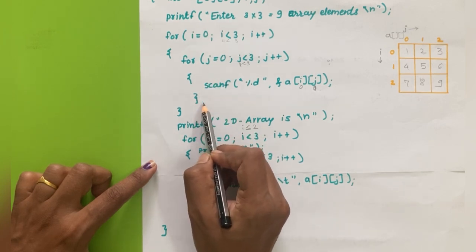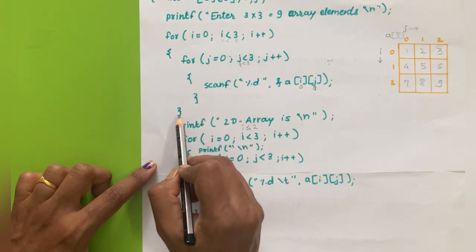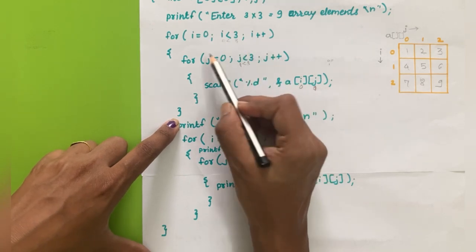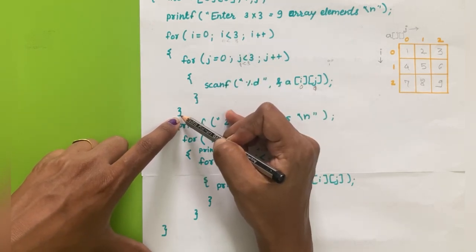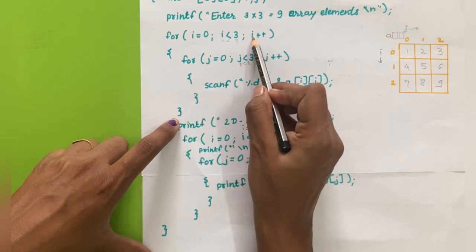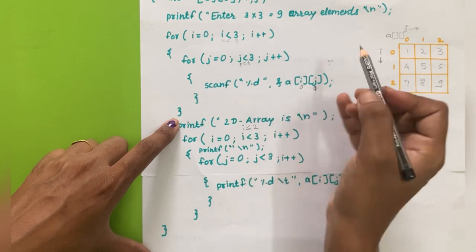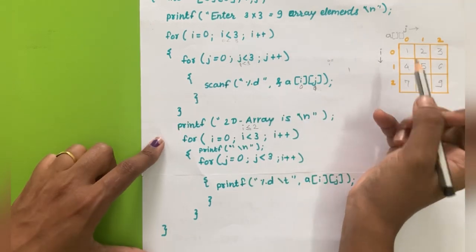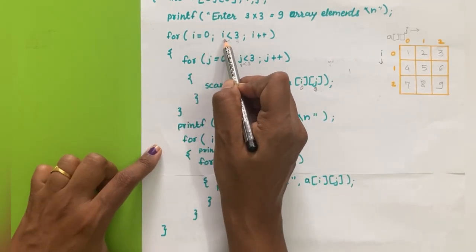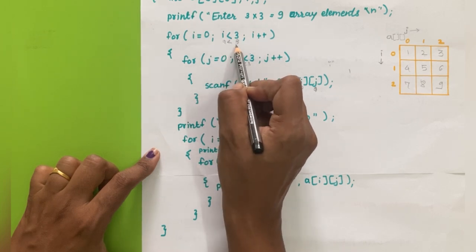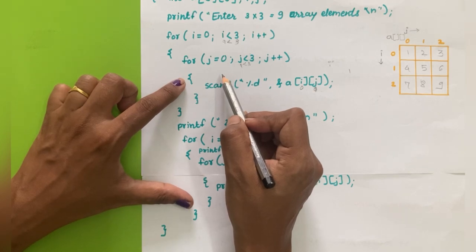Outside this loop of j we don't have any statement to execute, so it will go to the outer loop, and here we have to increment i because this is the for loop for the i index. Now i will be incremented to 1. It will check 1 less than 3, so the condition is satisfied and it will move inside the loop.